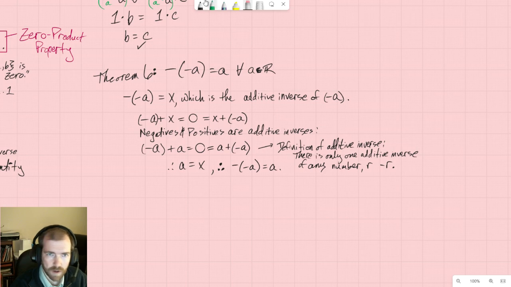That one should not be a comma, that one should be a colon. Alright, there's only one possible additive inverse of any number r, and that is going to be negative r. And so negative a and positive a are going to be additive inverses of each other.